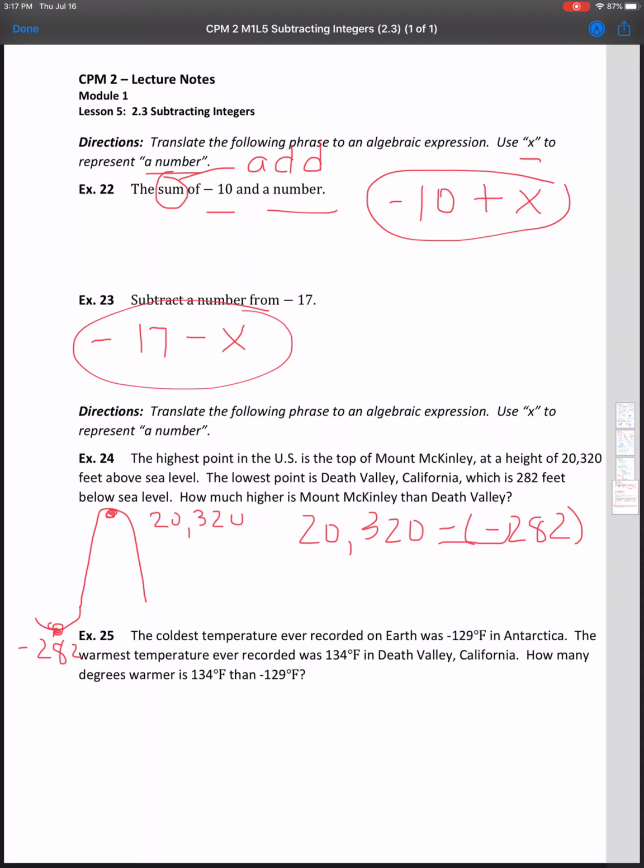So we know again that really means plus, so 20,320 plus 282. So really I just need to add those together. Hopefully I'm adding this right mentally in my head real quick. So I'm getting 20,602 feet. Double check though, make sure I added that right. It's easy to mess up.